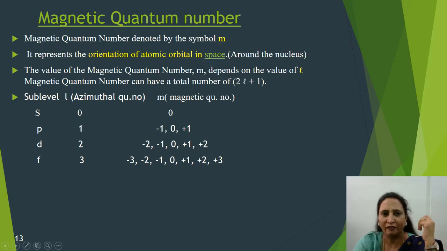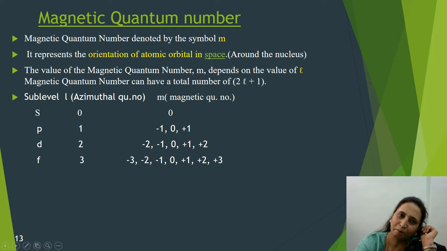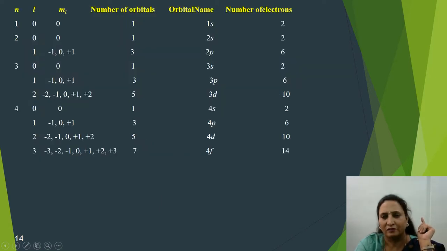So whenever there is an S subshell, all of you know that L is equal to 0. At that time the magnetic quantum number, plus minus L, is 0. Now when the subshell is P, L value is 1, and so on.